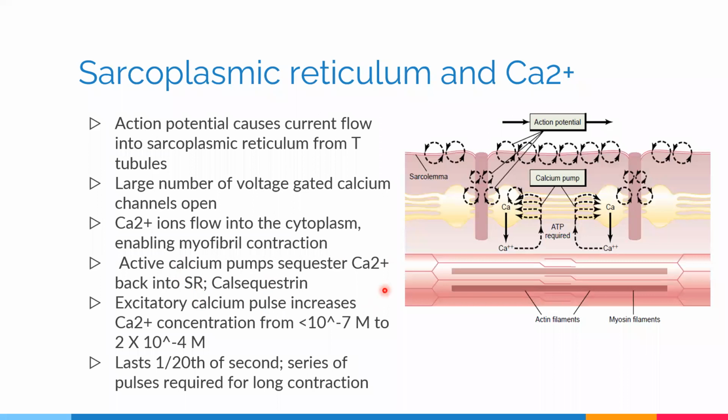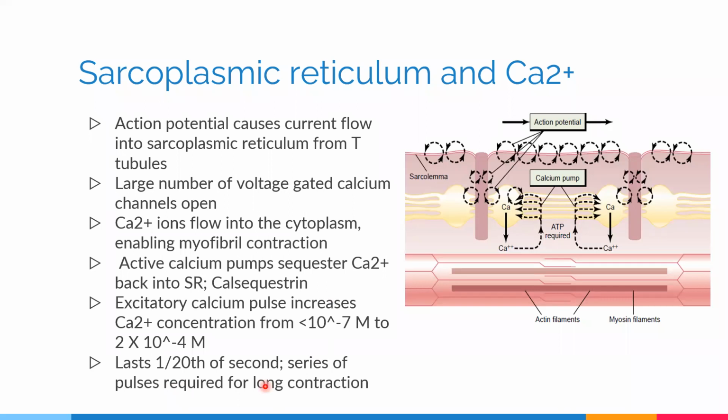When an excitatory pulse occurs, the calcium concentration can increase from less than 10 to the power minus 7 molar to 2 times 10 to the power minus 4 molar. So close to a 2000-fold increase in calcium concentration. But this calcium pulse lasts only about 1/20th of a second.